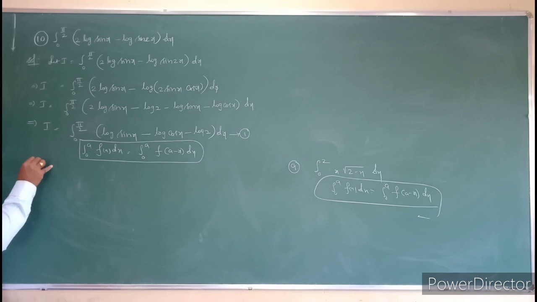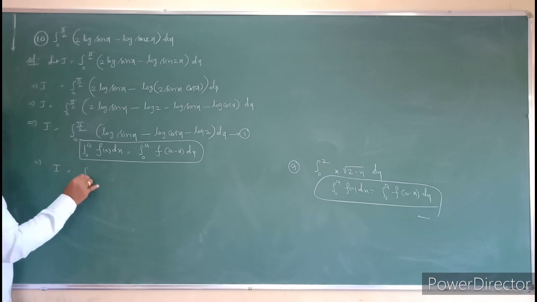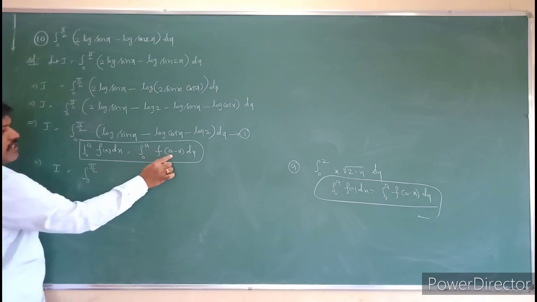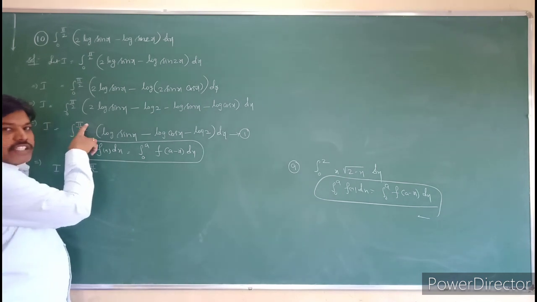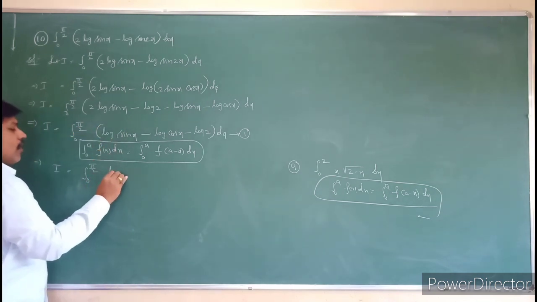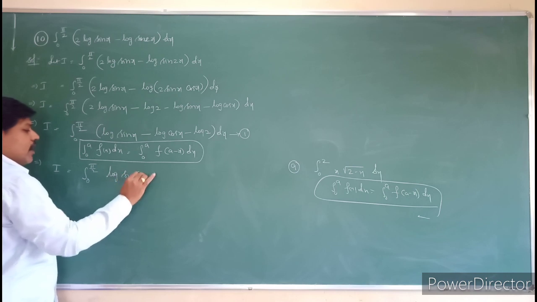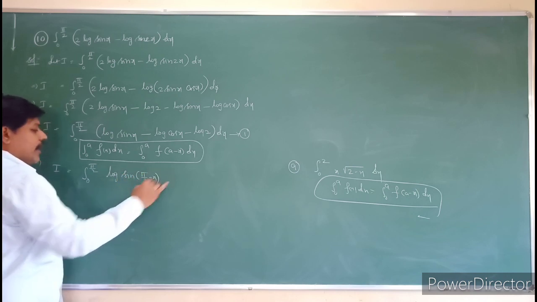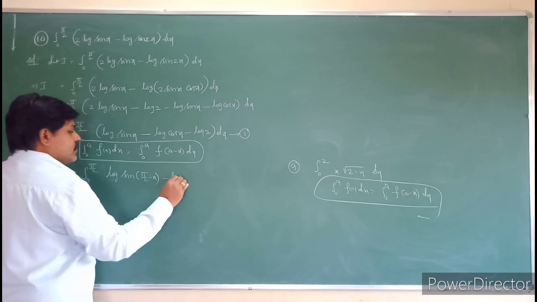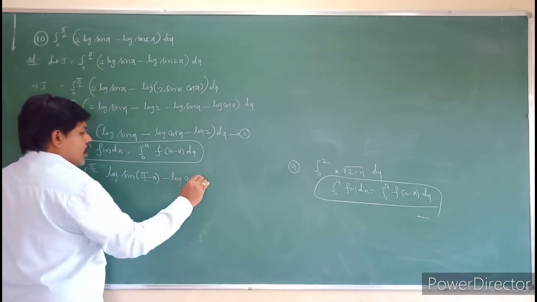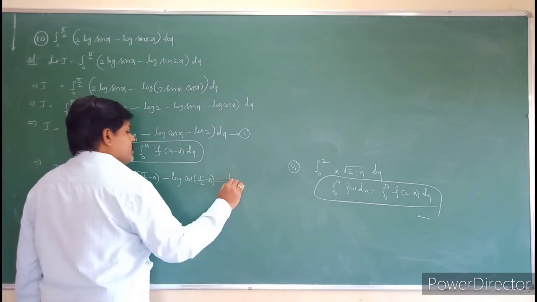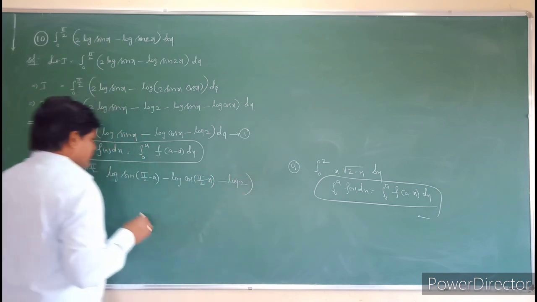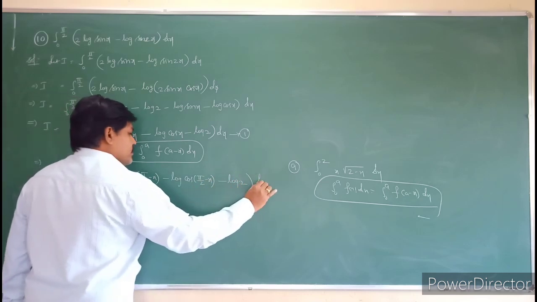So what happens? That implies I is equal to integral 0 to pi by 2. In the place of x, you have to write a minus x. What is a? A is equal to pi by 2. What happens? Log of sin of pi by 2 minus x, minus log of cos of pi by 2 minus x, minus log 2 into dx.